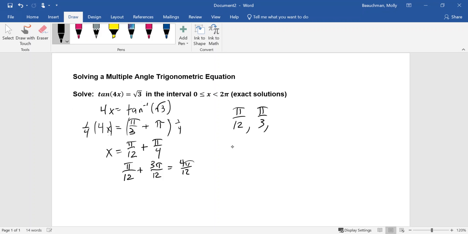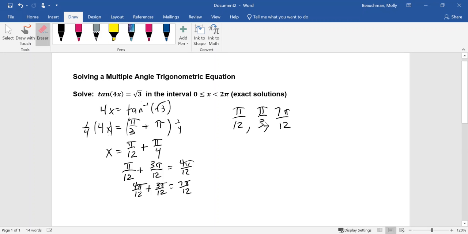Then I'm going to take my answer, 4 pi over 12, and add 3 pi over 12 again. So 4 plus 3 is 7 pi over 12. And I keep adding 3 pi over 12 until I get all of my answers. I'll reduce them after I add them all.